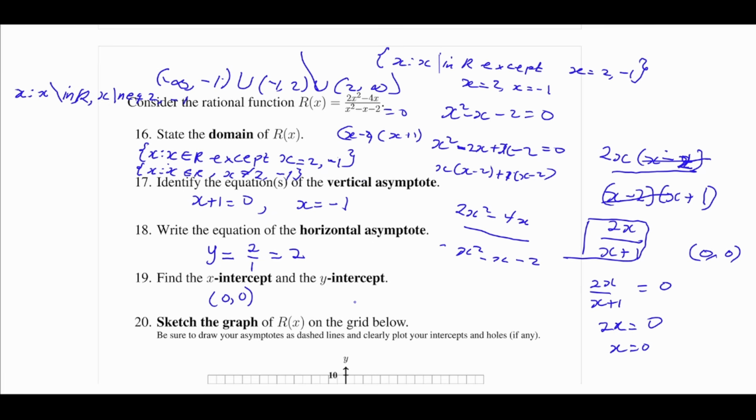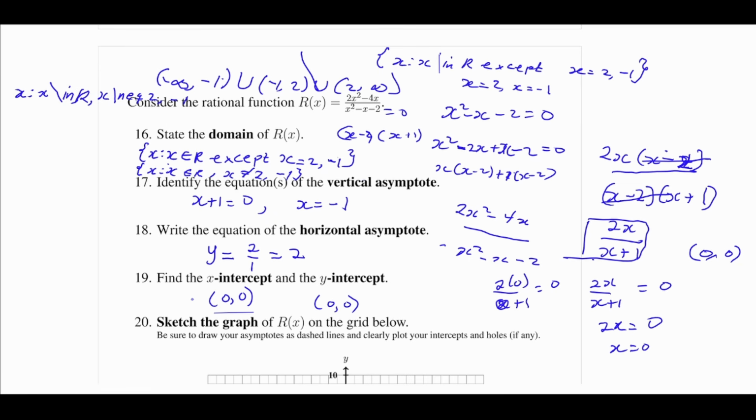Then for the y-intercept, the same thing applies, where for the y-intercept, x is 0. So if I put 0 here, 0 here, 0 here, what happens? I have 2 into bracket 0 over 0 plus 1. That will still give me 0. So the y-intercept is also (0, 0). If you write only (0, 0), you are supposed to be marked correct.